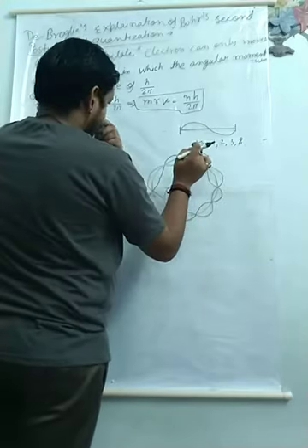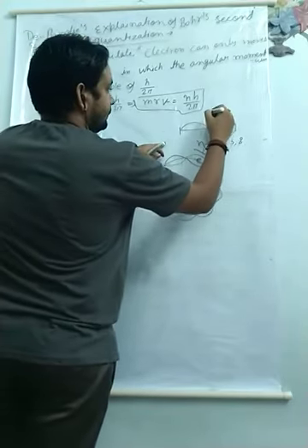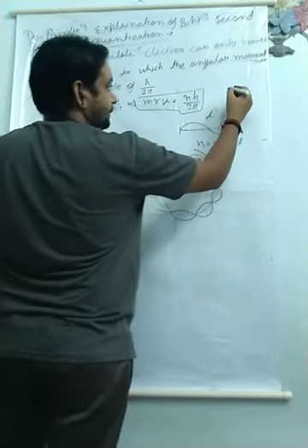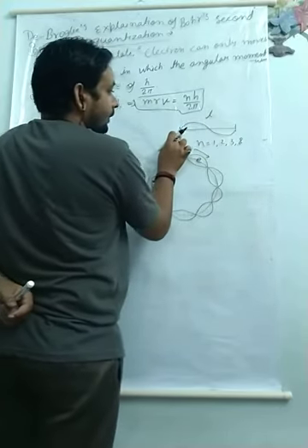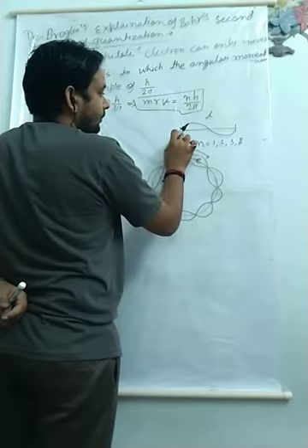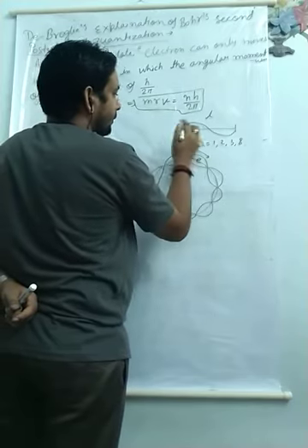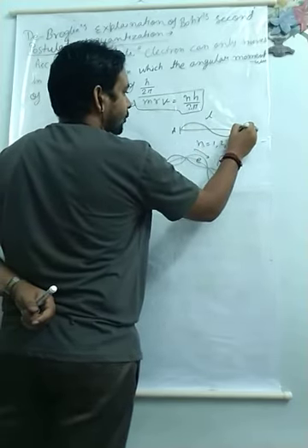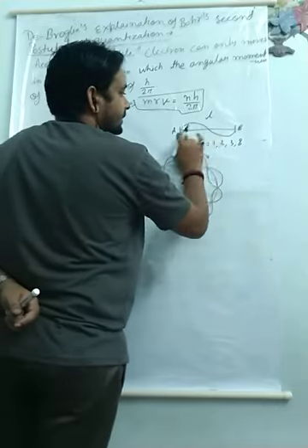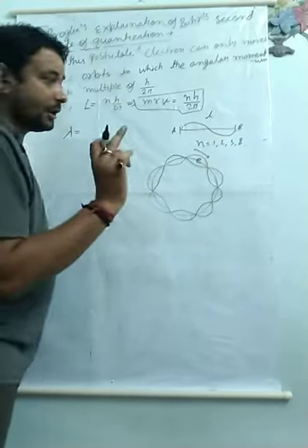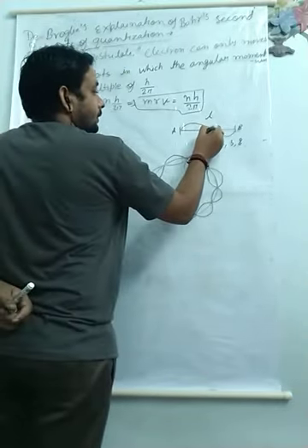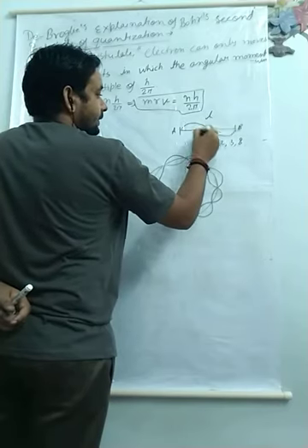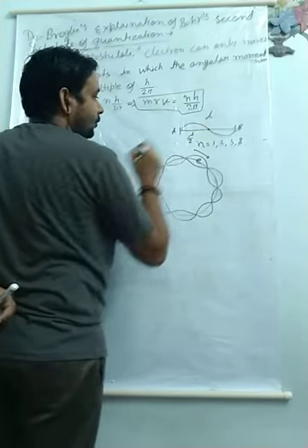This is the length, and from point A to B the length of the string is L. So this part is L by 2.